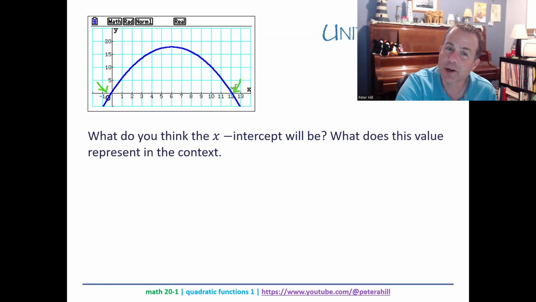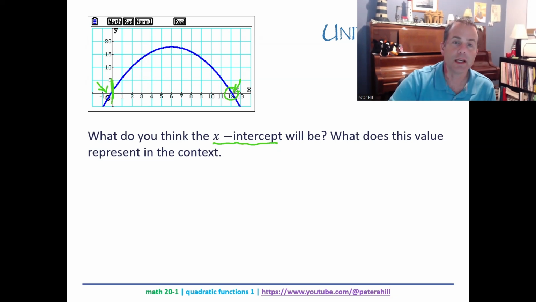The only one I actually care about is this one, and that's why I did not pluralize this word. This one technically is not there, because it's not meaningful in the context of the question. It involves a negative time value, and we know that the graph only actually started right here. So because of the context of this question, we would consider this to only have one x-intercept over here.